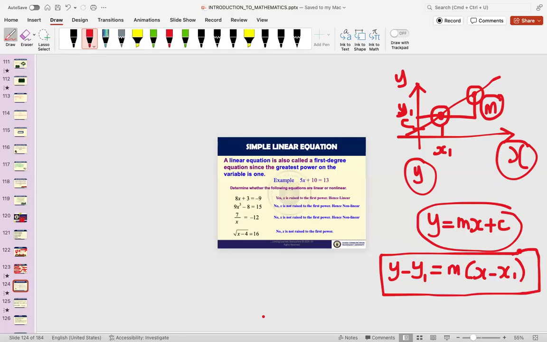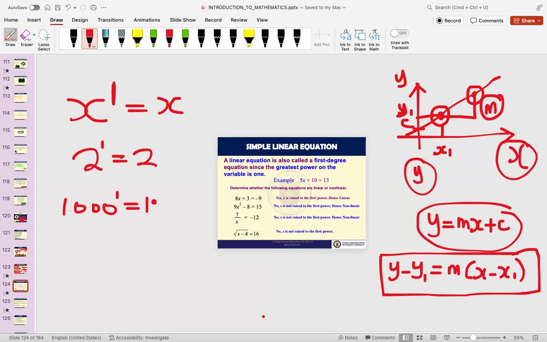Okay. So in all this, we are seeing x standing alone. It means that for every line, when any letter is standing alone, I told you the other time that it's the same as x raised to the power 1. Any number raised to the power 1 is the same as the number or alphabet. 2 raised to the power 1 is the same as 2. 1,000 raised to the power 1 is the same as 1,000.